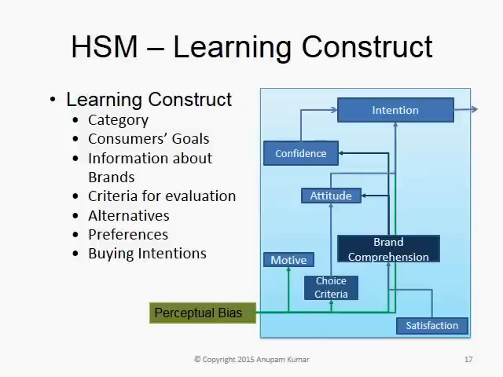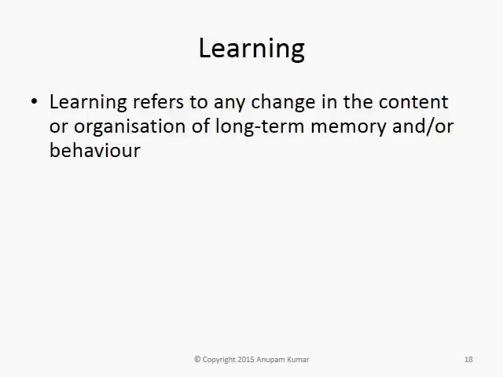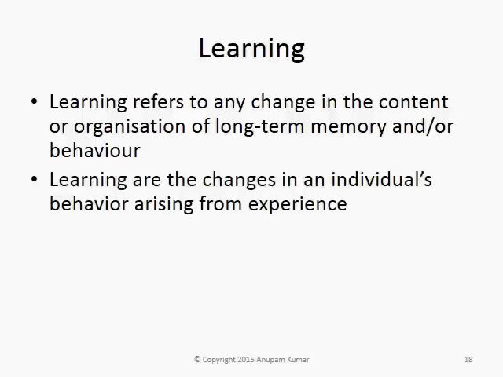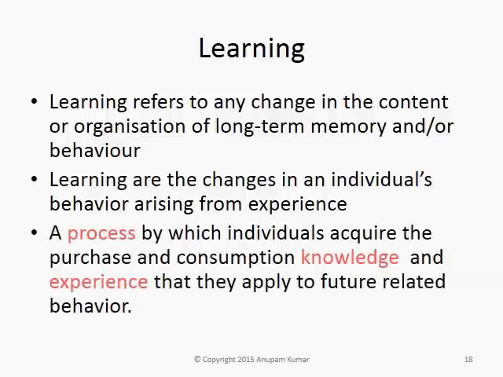Before we discuss the learning construct in detail, let us have a look at learning. Learning refers to any change in content or organization of long-term memory or behavior. Learning is the changes in an individual's behavior arising from experience, a process by which individuals acquire purchase and consumption knowledge and experience that they apply to future related behavior.